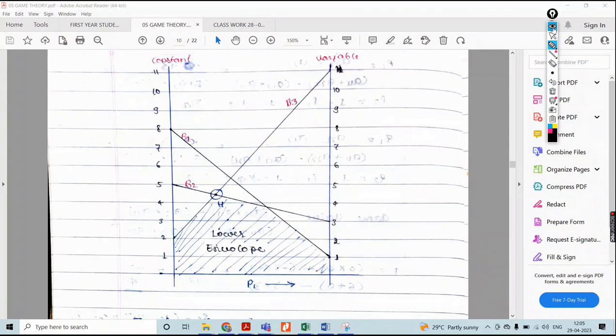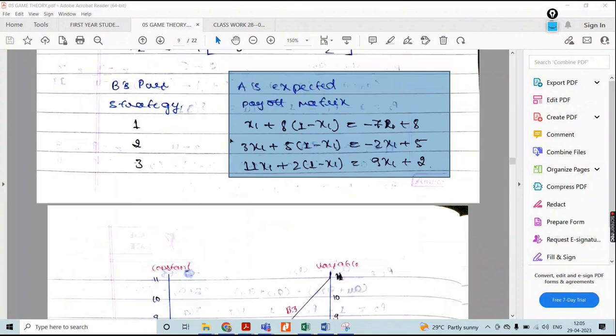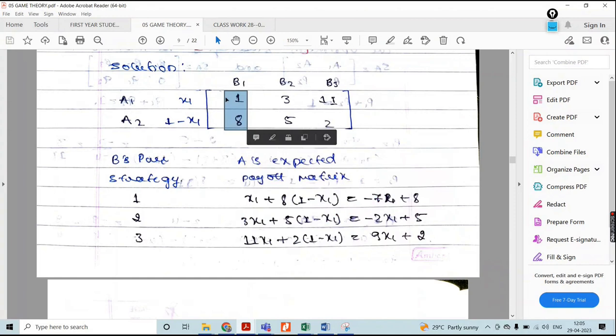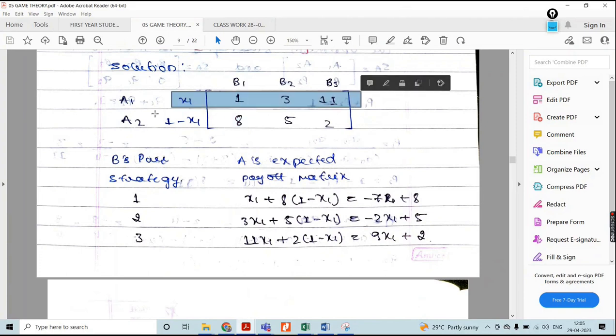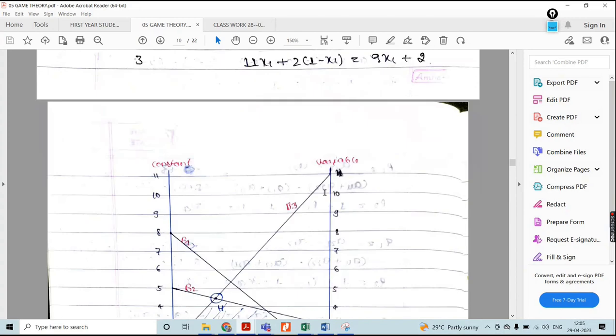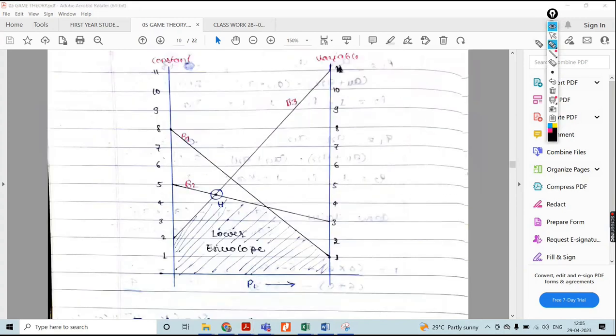The first one here, you are getting 1 and 8. Whatever the first row element is, you take as variable, and the second row element you take as constant.